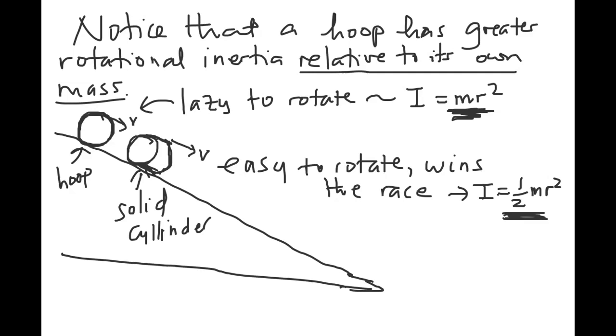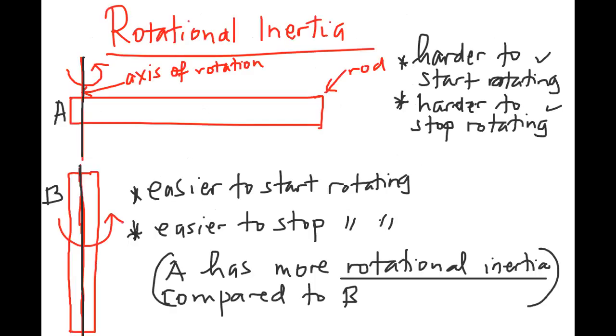All right, so this is the end of the lesson. I just want to quickly go through this again. We talked about rotational inertia, and we saw that depending on how the mass is distributed around the rotational axis, one object can have a larger rotational inertia compared to the other.